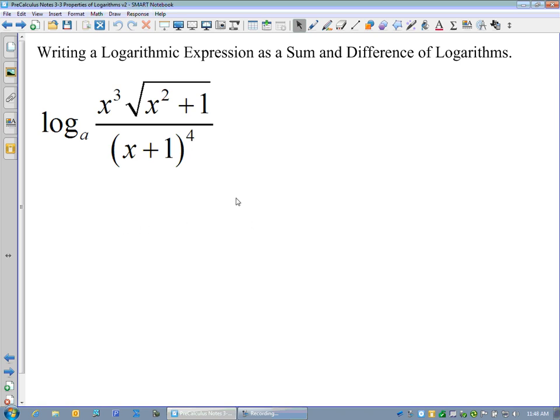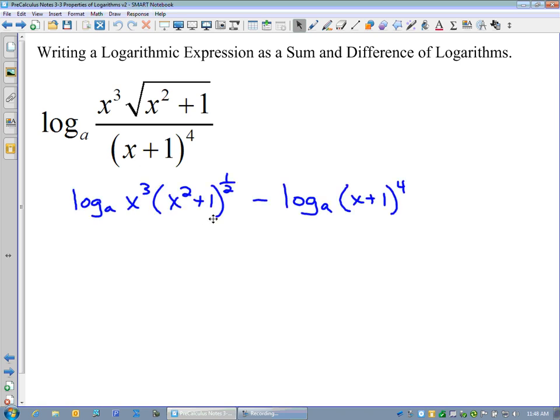So of the three, I've actually found using the division property first is the easiest part. So we're going to break this up saying this is going to be the log base a of the numerator minus log base a of the denominator. That was simply using the division property. I'm sorry, quotient property.